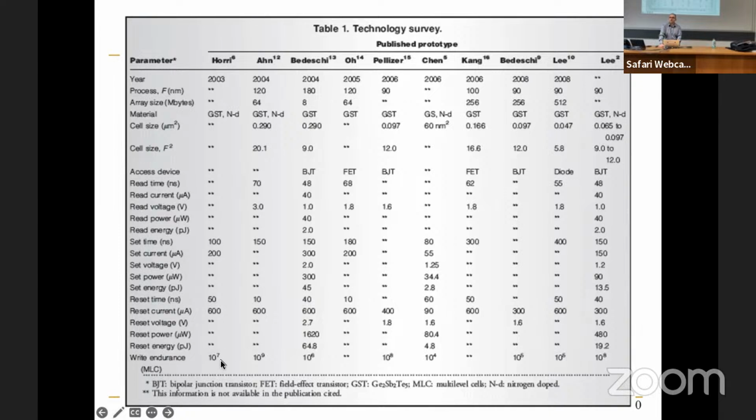Do you know what endurance is? We're going to actually learn about it. But it essentially means how many times you can write to your cell reliably. So in this prototype, if you write to that PCM cell more than 10 to the power 7, then you can think of your cell as being dead, basically.